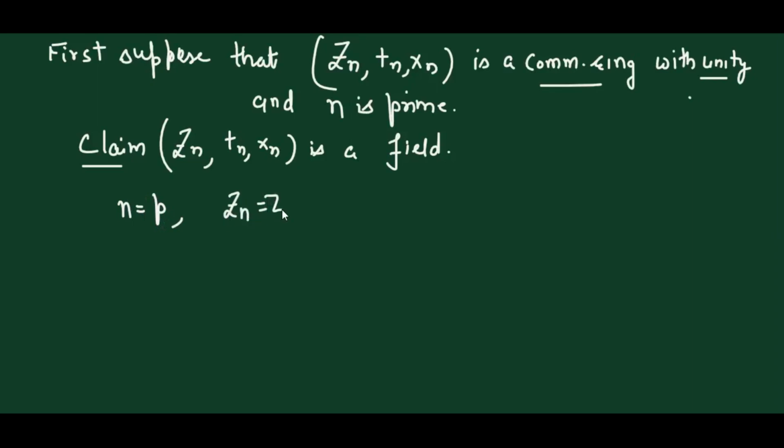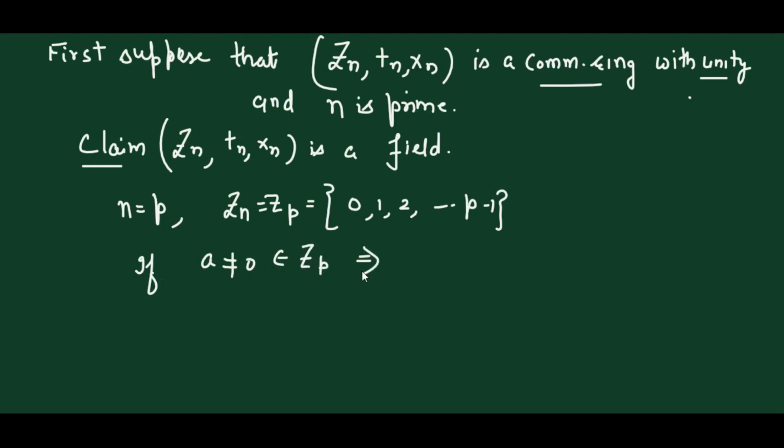Since in this case n is prime, therefore what is Zn? Zn is the remainders 0, 1, 2 up to p minus 1. And if we have any non-zero element A belonging to Zp, this implies A is between 1 and p minus 1, and you know that if any number is less than p and p is prime, then it is co-prime to p.